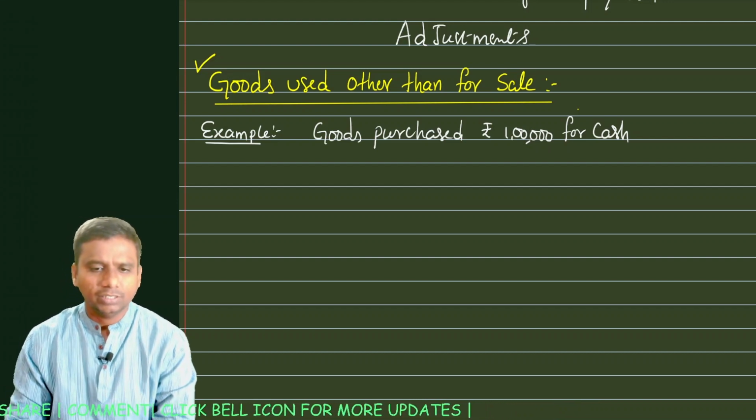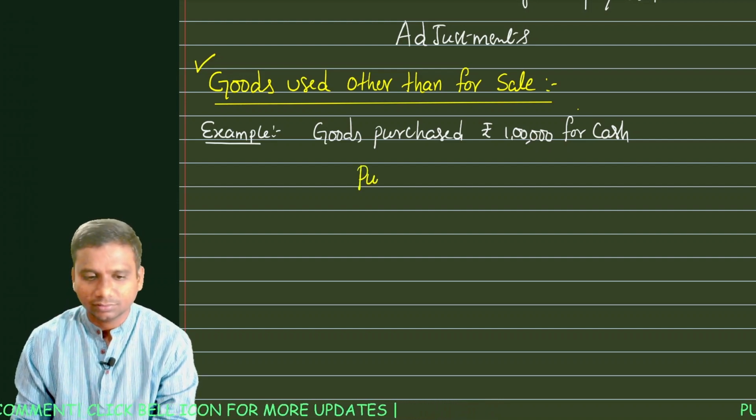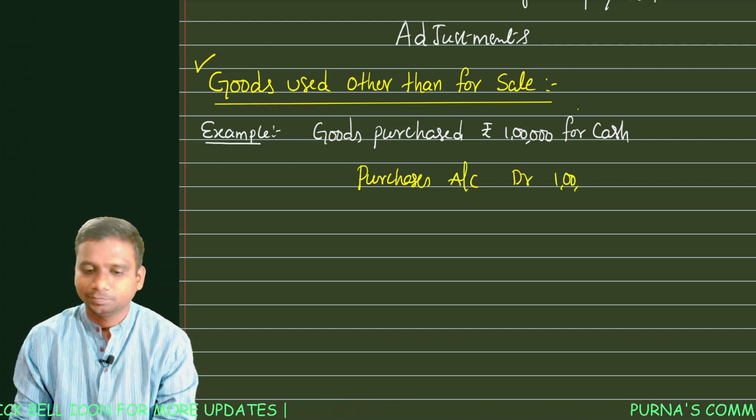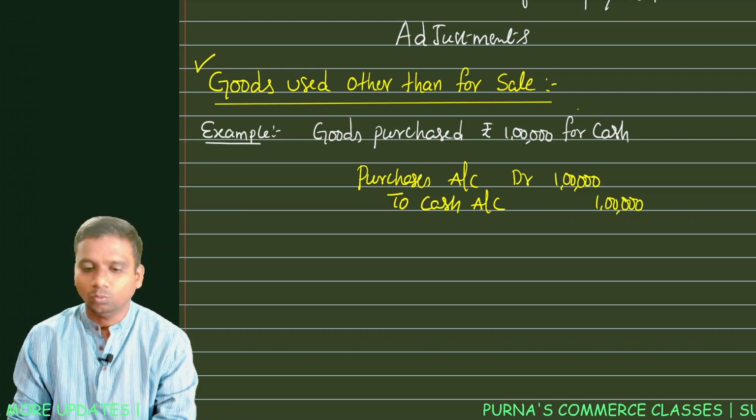But anyway, we'll simply write the journal entry for this. What is the journal entry for this? Purchases account debit, 1 lakh, to cash account, 1 lakh. Yes or no?